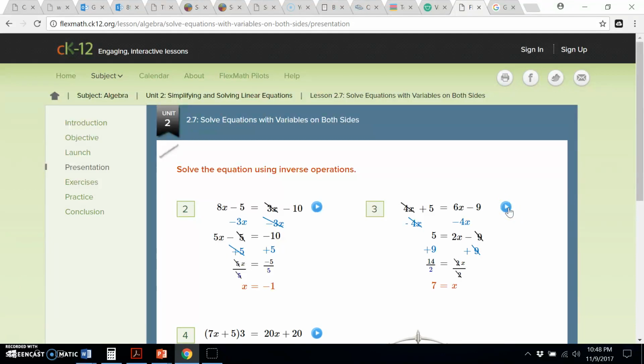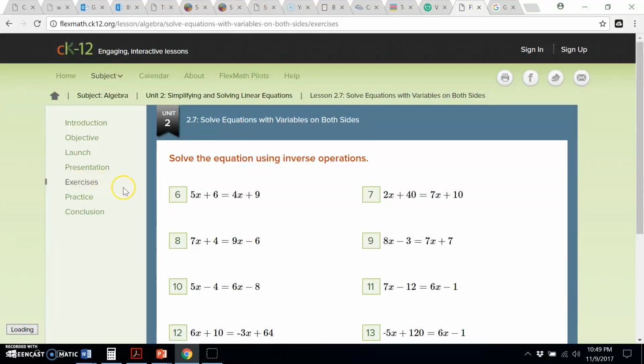So this is a quick refresher for you. What I want you to do, make sure you model those, and then now you're going to practice on your own. So I have a couple of problems I want you to practice. I want you to practice 6 through 11 in your notes.